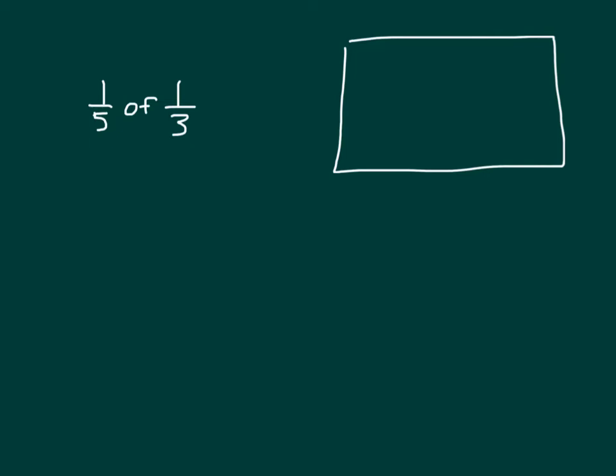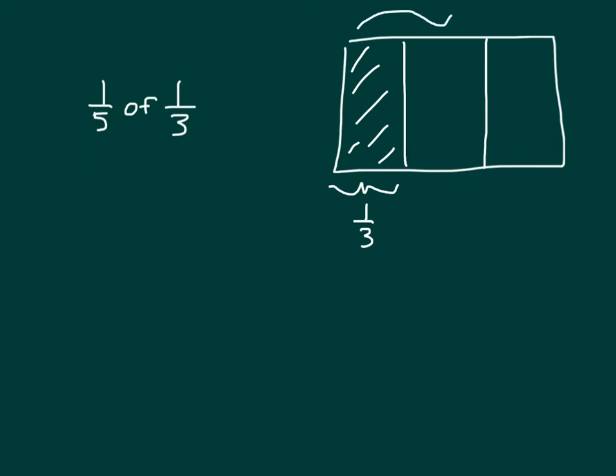And in doing so, I will divide my area model into 3 parts to represent 1/3. I will draw vertical lines to do so, and I will label it. So we have 1/3 of my whole so far, and I want to only look at 1/5 of that 1/3.